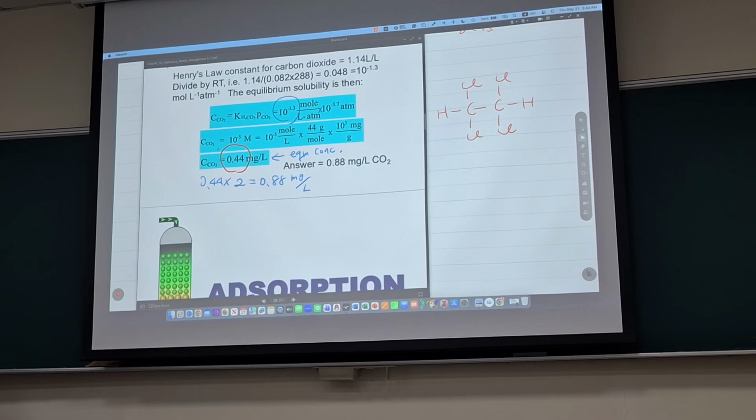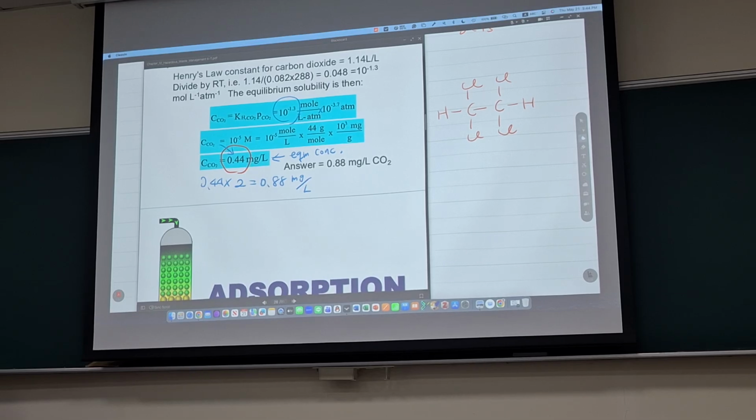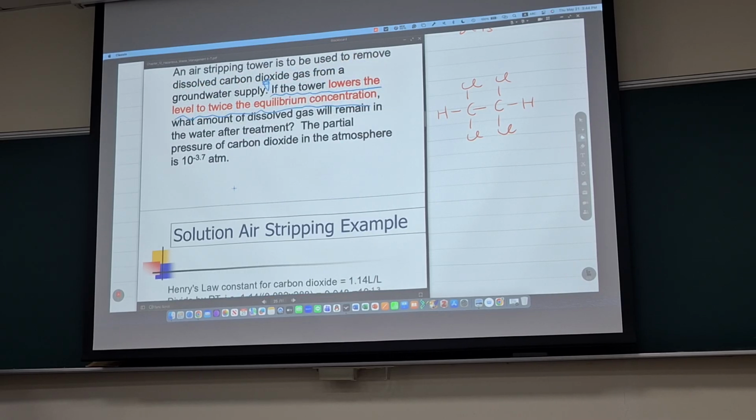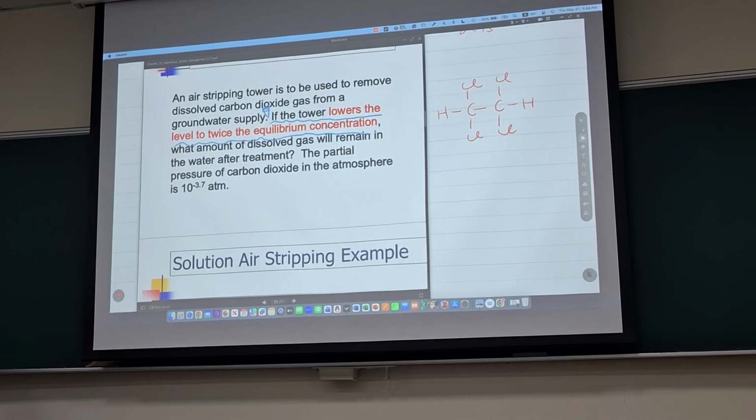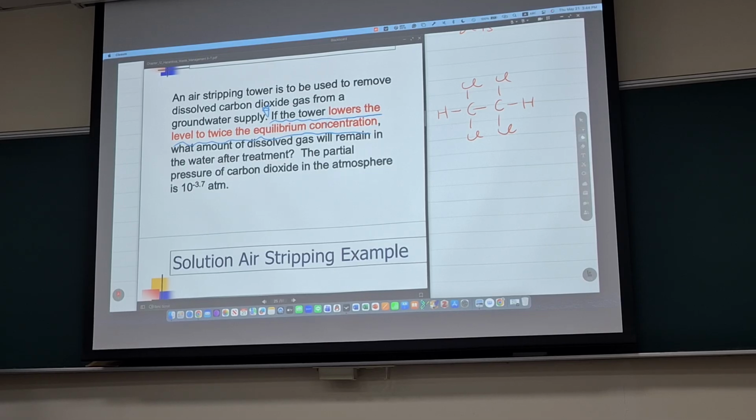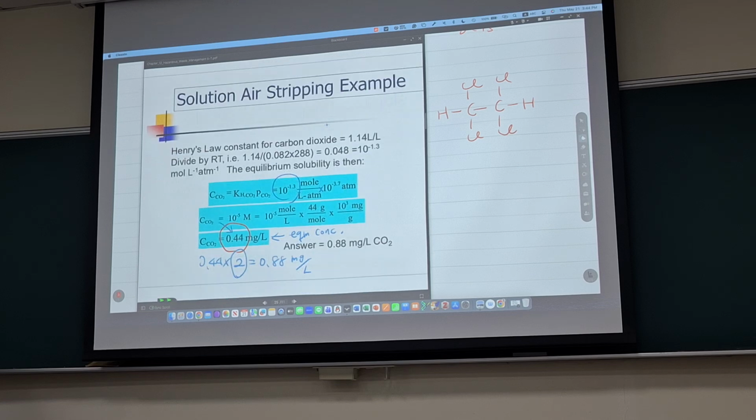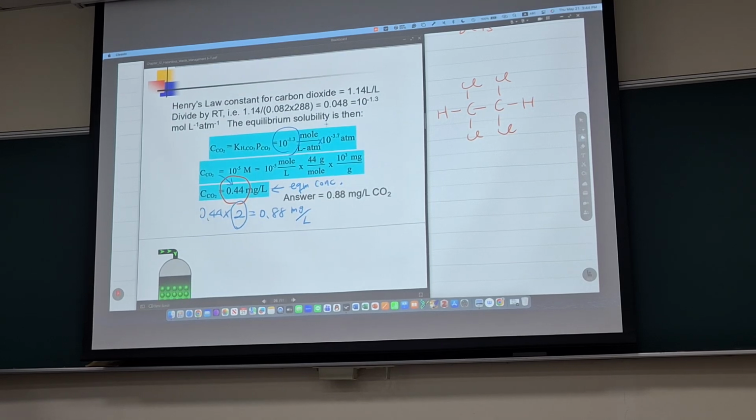Lots of students wrote 0.44. They forgot to times 2. They forgot this sentence: if the tower lowers the level to twice the equilibrium concentration. So don't forget to times 2.